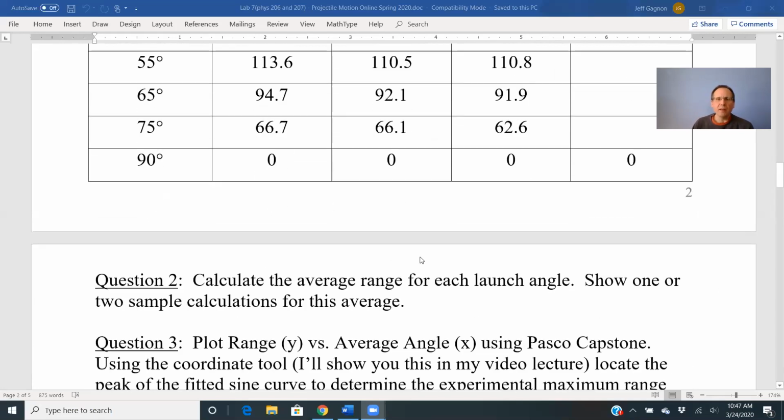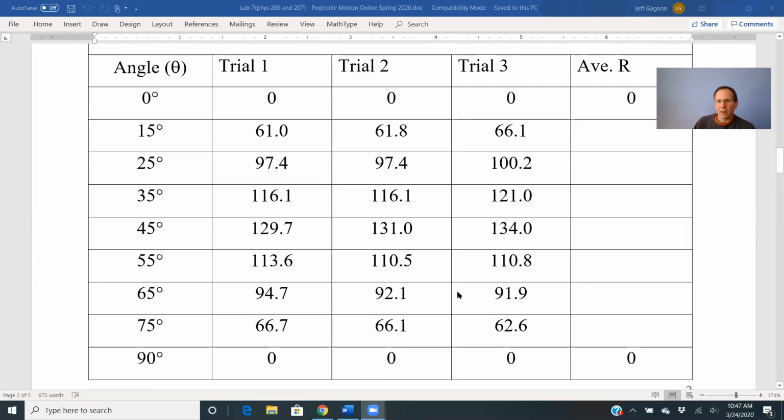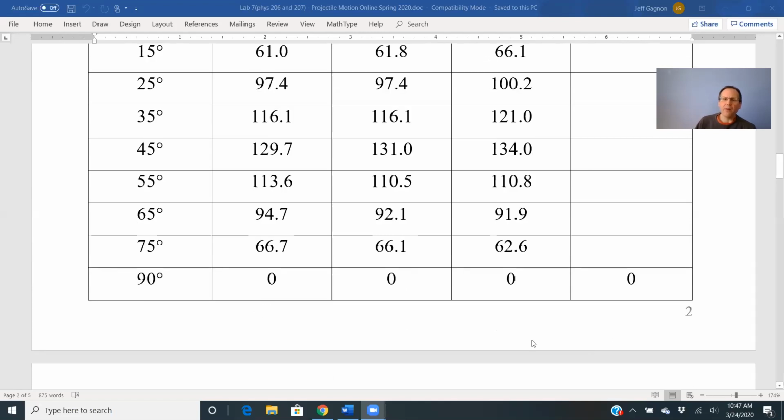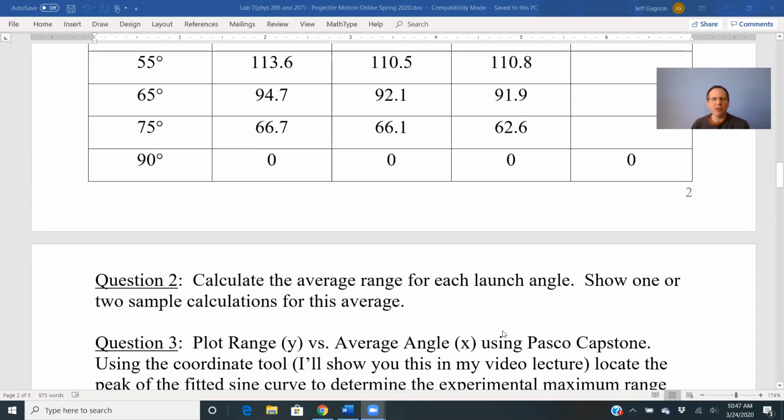This is question 2: calculate the average range for each launch angle. You're just going to average these 3 values at 15 degrees, average these 3 values at 25 degrees, and so on. For this part, instead of showing me all of them, maybe show me 1 or 2 sample calculations for each of those averages.